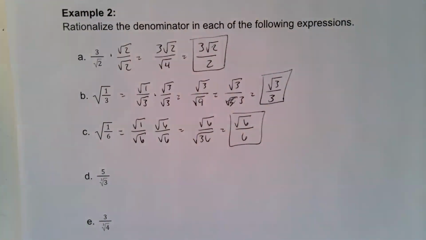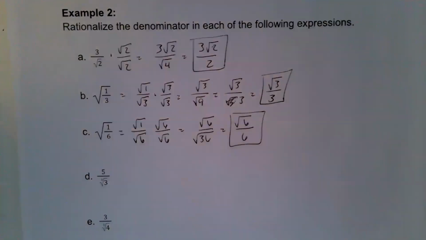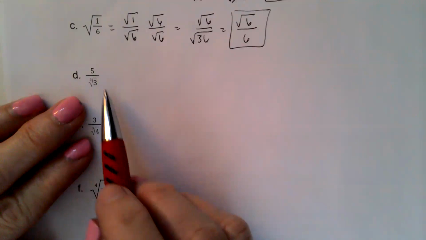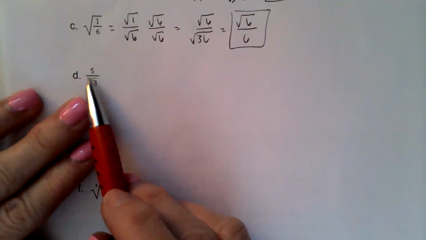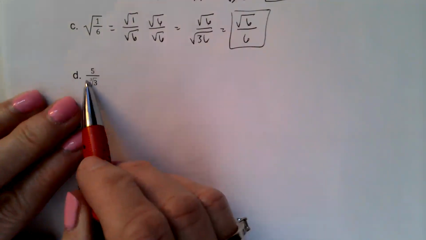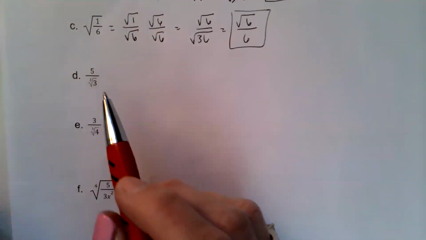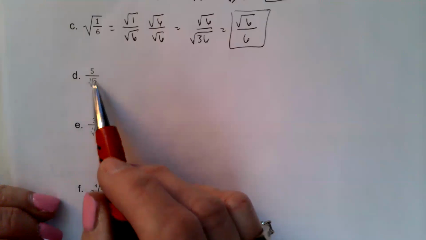Now, when you have radicals in the denominator that are an index other than a 2, we have a different ball game here. So for instance, D says 5 over the cubed root of 3. Well, the cubed root, 3 is my index, meaning I need 3 of whatever to come out. And I only have one 3.